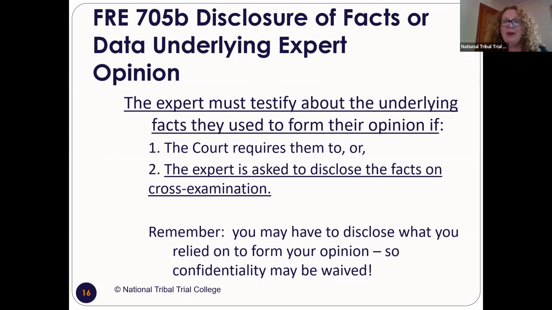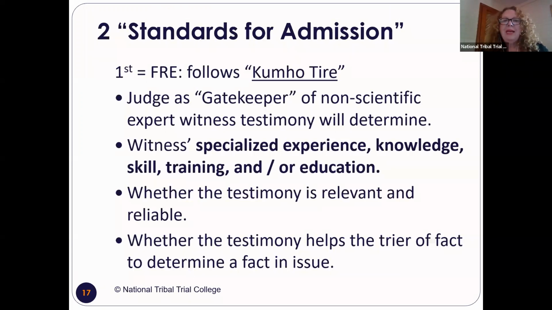Theoretically, you could hand that whole packet to your expert witness and say, here you go, review this, and I want you to base your opinion on what you've read here. So maybe you don't even interview Shirley, you've never met her before. I just give you some documents and some items, you review it, and then we're going to have you come into court. We're going to try to get you to be qualified as an expert witness. Okay, so you're going to have to disclose the facts or data that you've given to the expert that she relies on to form her opinion, okay?